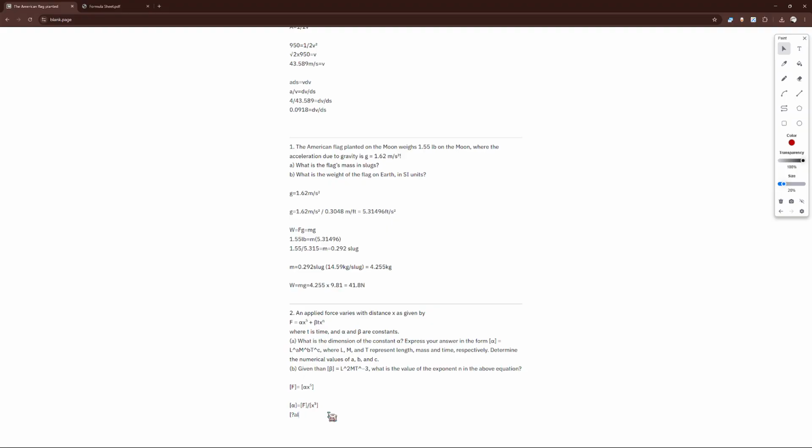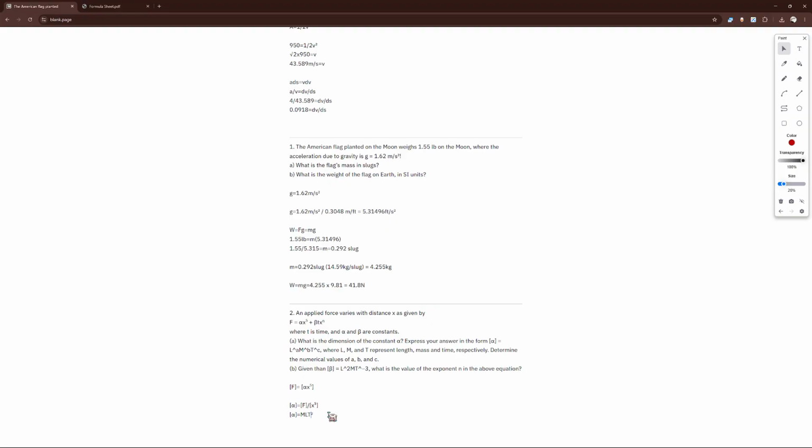So alpha again. Now force is mass times acceleration, right? That's newtons, kilograms, meters per second squared. Kilograms, mass, meters, length, per second squared, time squared. Also known as T to the power of -2.